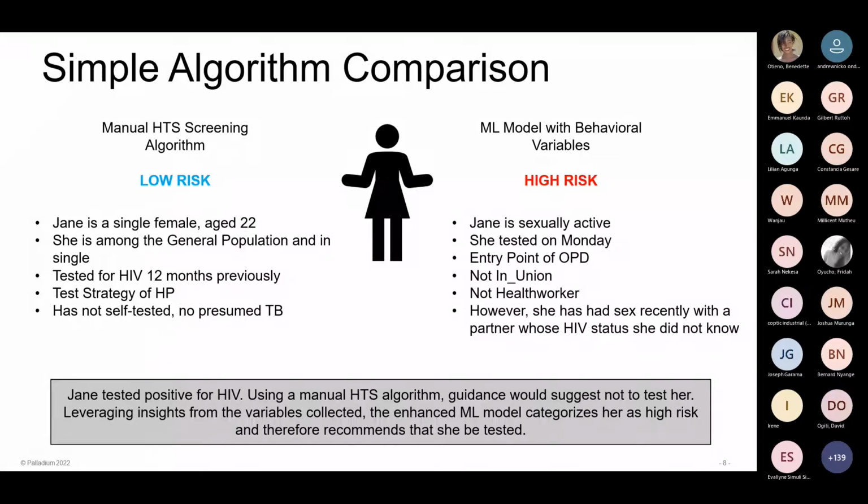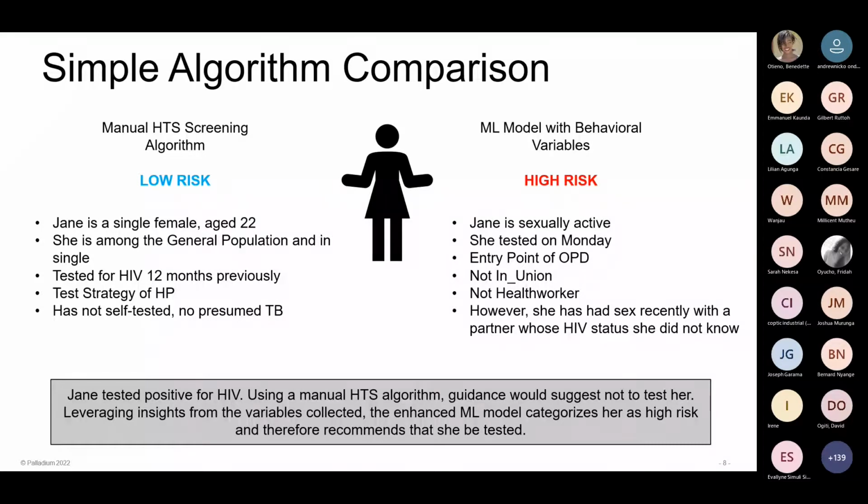Jane came for testing on a Monday at the facility. Her entry point was the OPD, and she's not in a long-term union. And Jane is also not a health worker. These particular 5 points are those that typically we would not be asking for or teasing out in the manual algorithm.